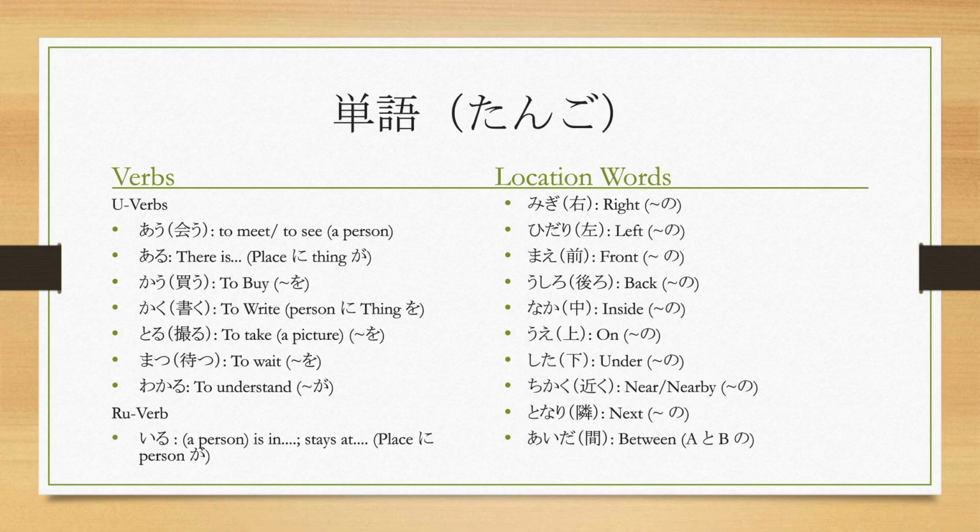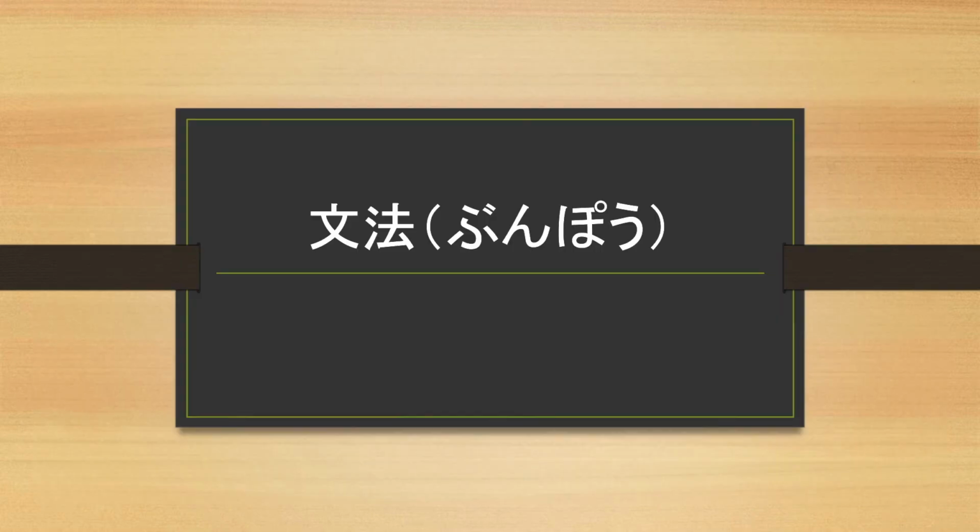Ue, on. Shita, under. Chikaku, near or nearby. Tonari, next to. Aida, between. And when you use that one, you would use A to B no aida. We'll learn some more about the location words a little bit later.